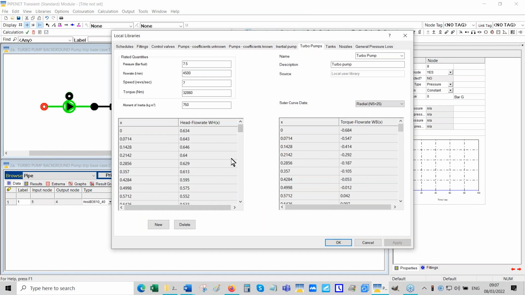This is a Suter curve, and these are the quantities I mentioned. They are the rated quantities, and the amount of inertia, of course, doesn't depend on the speed, so it's input separately.